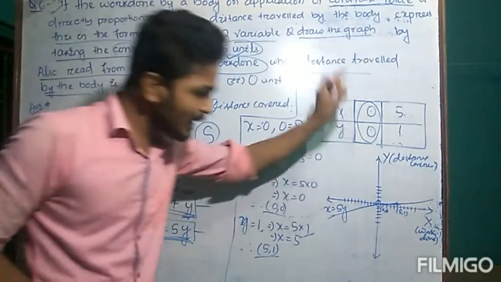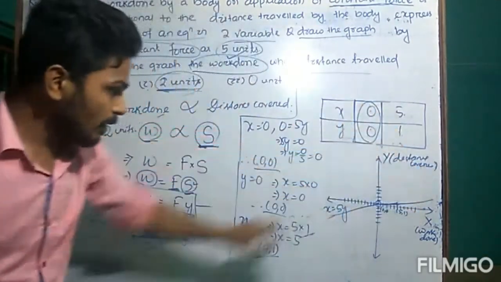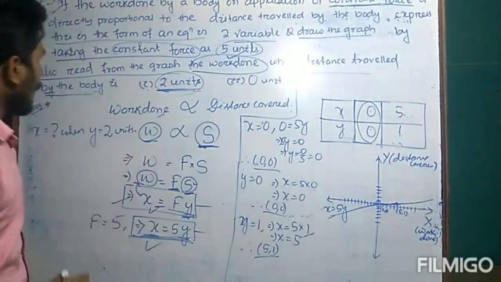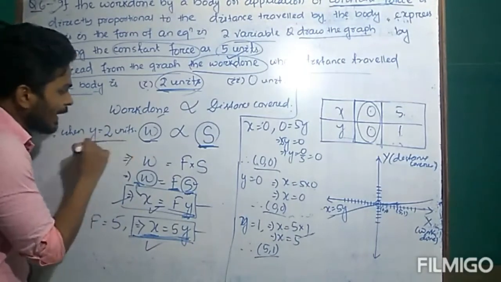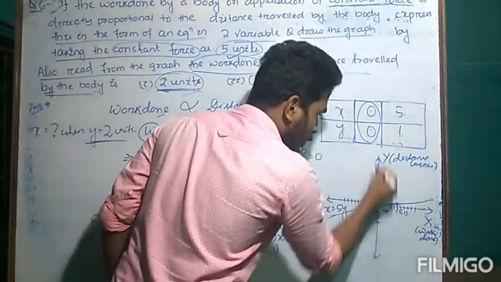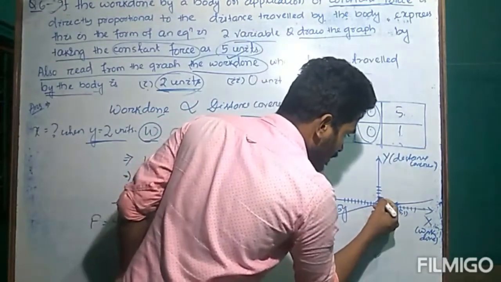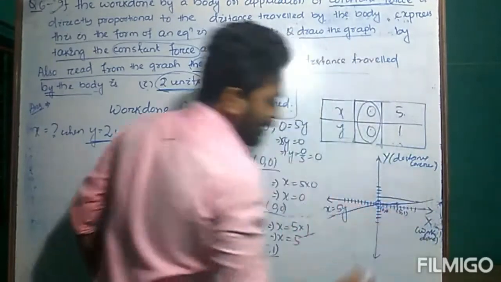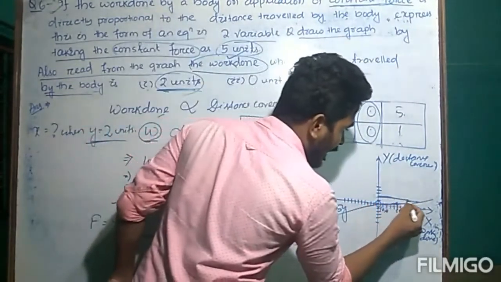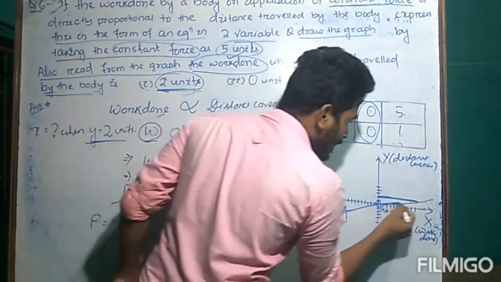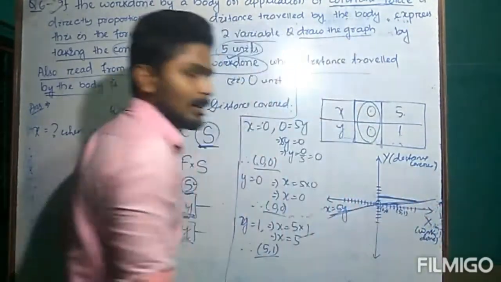But we have to find out that value from the graph. Okay, so how? It is given that the y coordinate is 2 units. See, this is the y-axis. Now just draw a straight line in this direction. Then you can see this straight line cuts the graph line at a point.